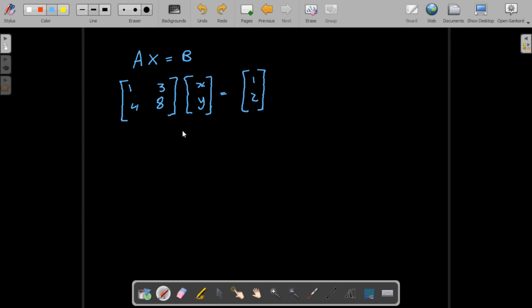So we want to solve this equation, and we work out what the inverse of A was.